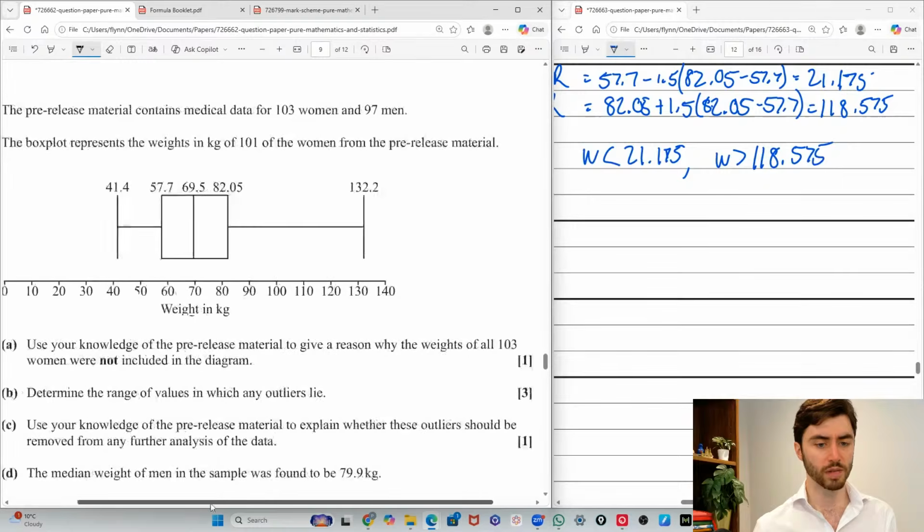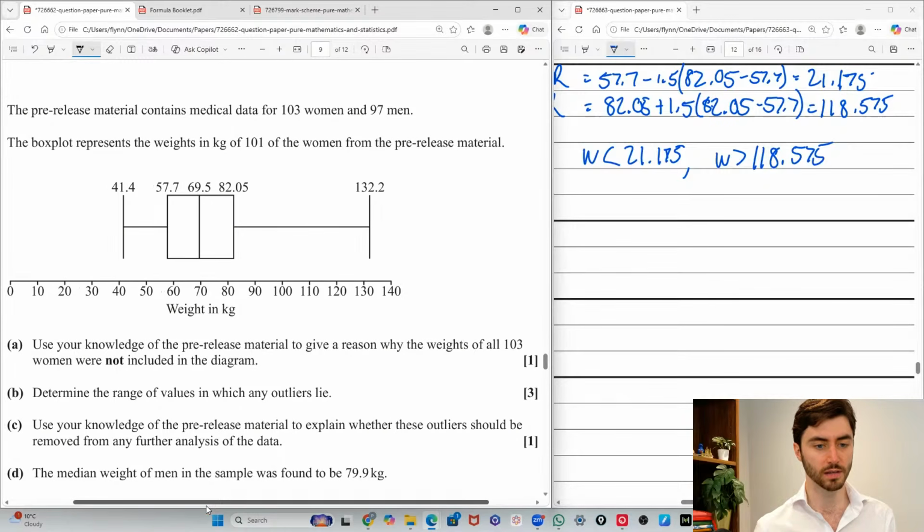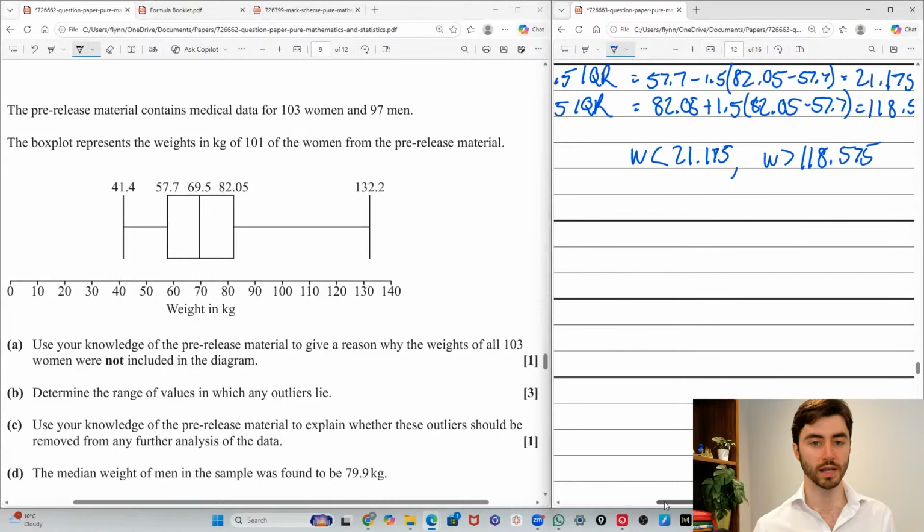Use your knowledge of the pre-release material to explain whether these outliers should be removed from any further analysis. I don't have knowledge of this pre-release material. Whether these outliers should be removed from any further analysis of the data.